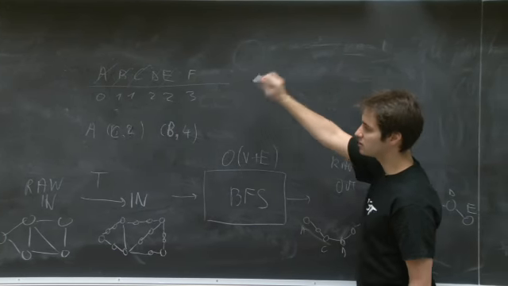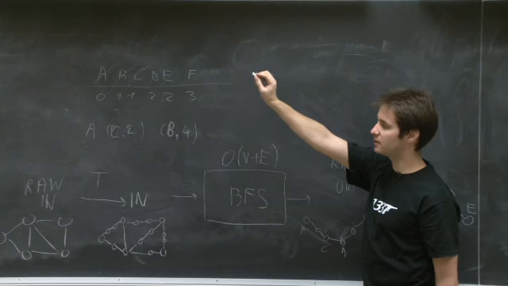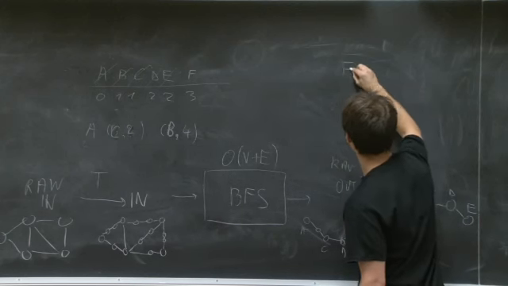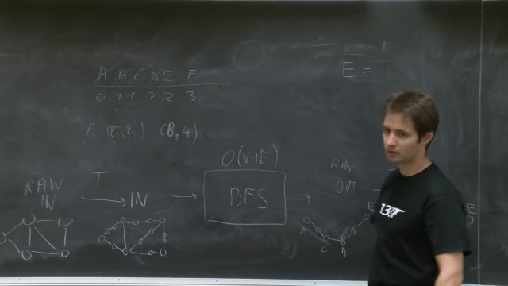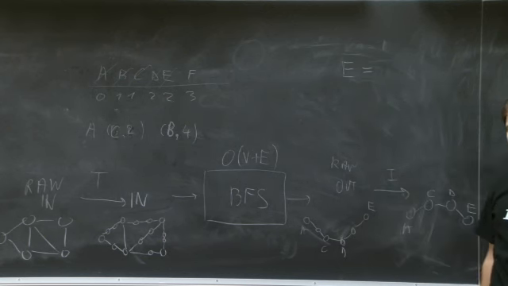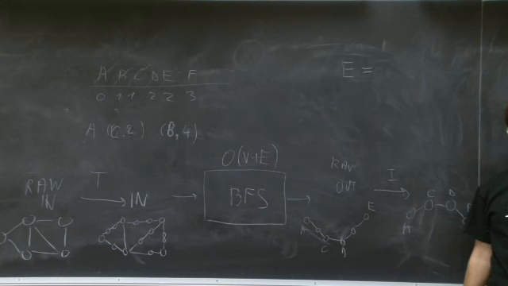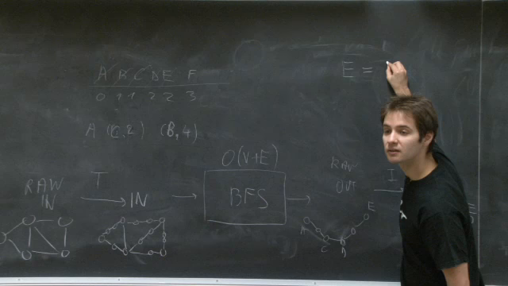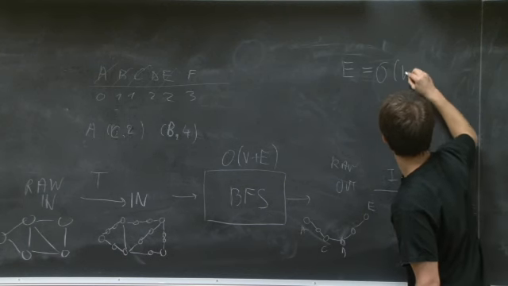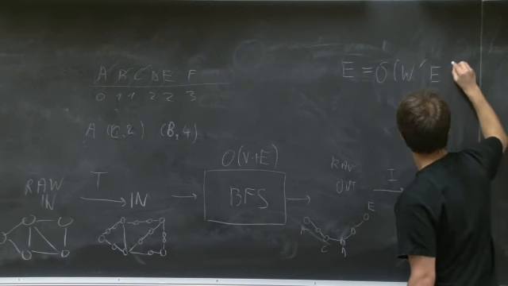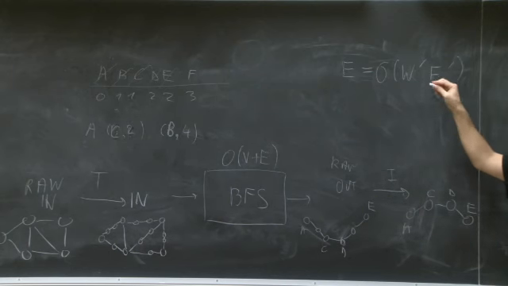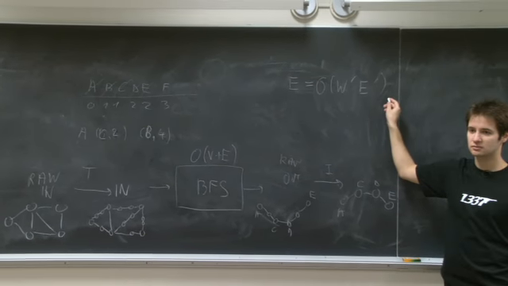So in the original graph, V prime vertices, E prime edges, W prime weights. In this new graph, how many edges do I have at most? Proportional to the weight. So W times E. Yep, perfect. So each edge has cost at most W. So that means we're going to split it up into at most W edges.